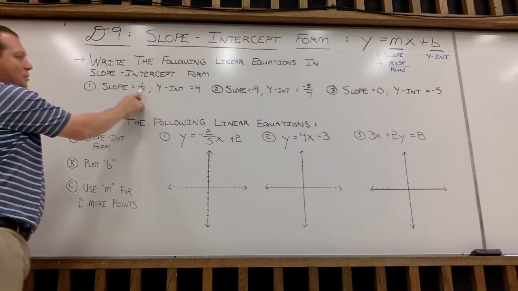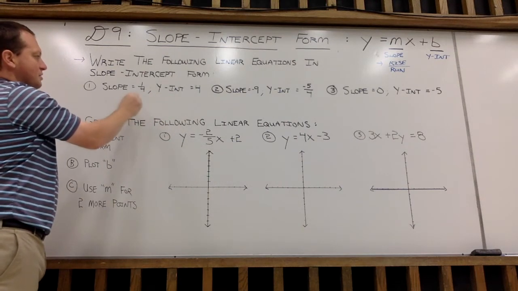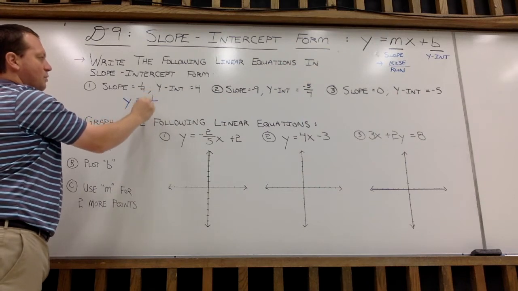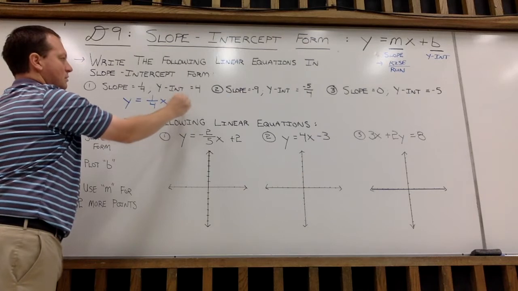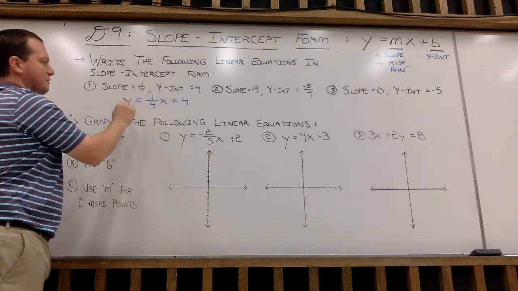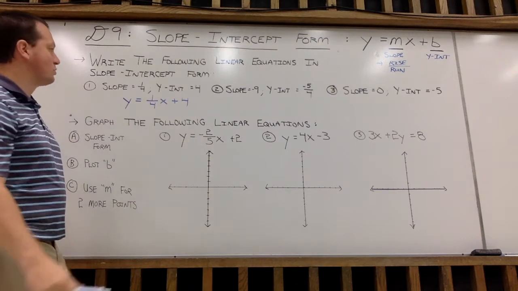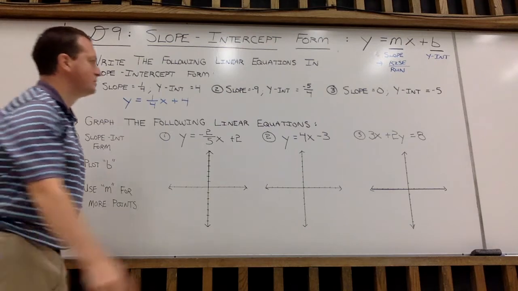I've got the slope, m is 1/4, and b, the y-intercept, is 4. So I'm just going to fill in 1/4 for m, so 1/4 x plus 4. My equation there, y equals 1/4 x plus 4, is in slope-intercept form.